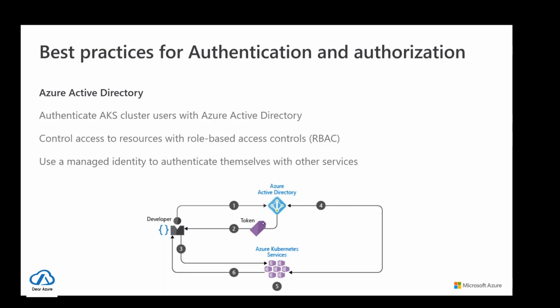This is done using roles, and another concept called cluster role, which defines access to all these resources. And then basically you bind the role to a user in Active Directory.